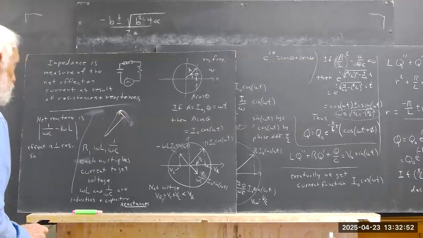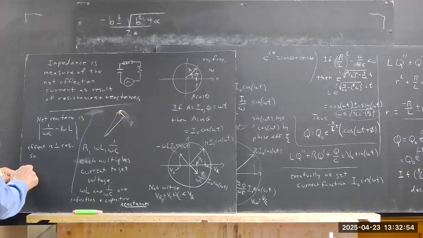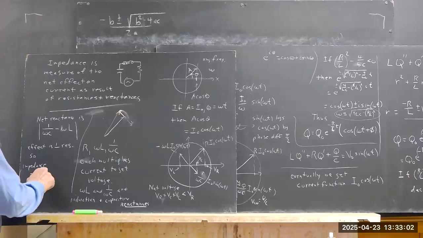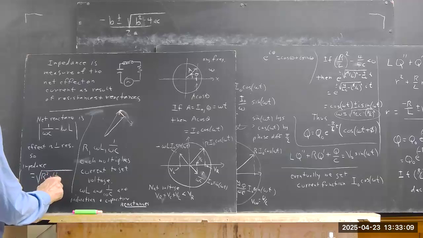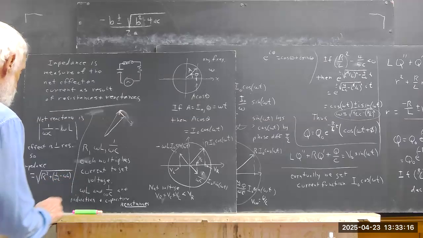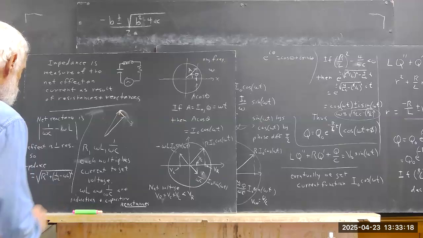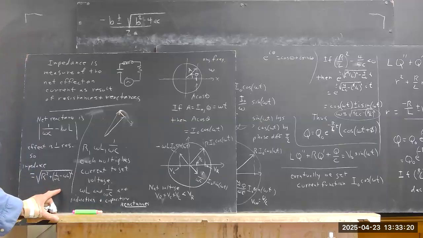So impedance equals the square root of your squared resistance added to your squared reactance.